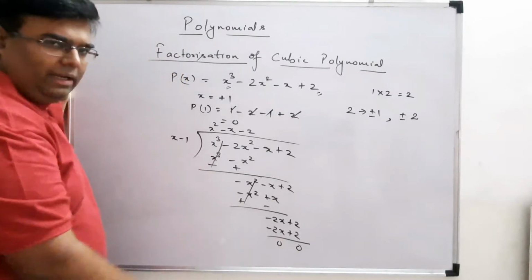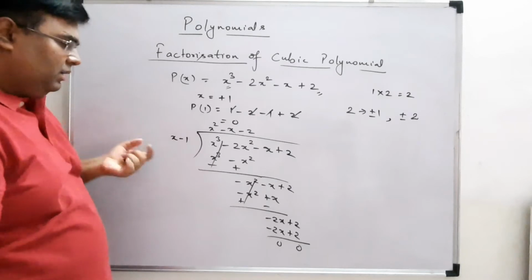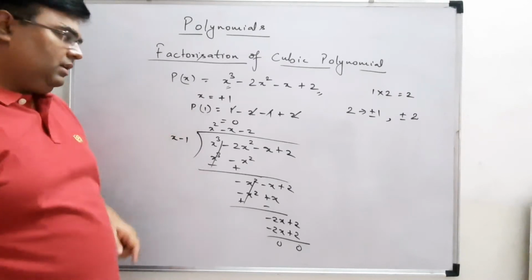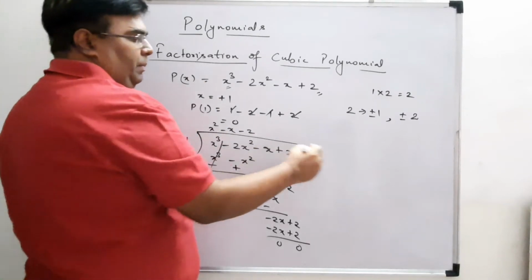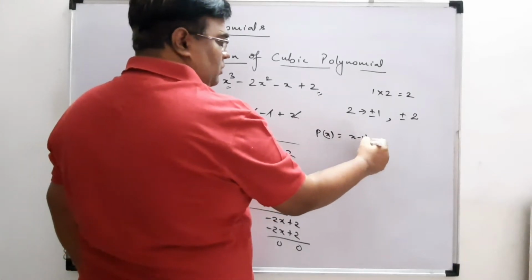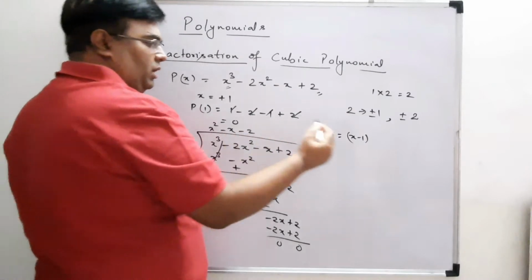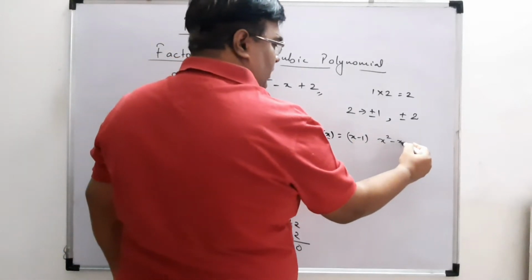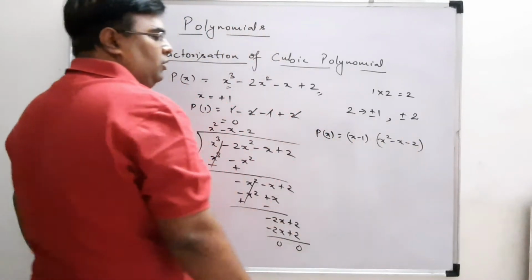So we are getting 0 at the end, which means this is a factor and this is correct. So we can write p(x) as x minus 1 multiplied by the quotient, which is x square minus x minus 2.